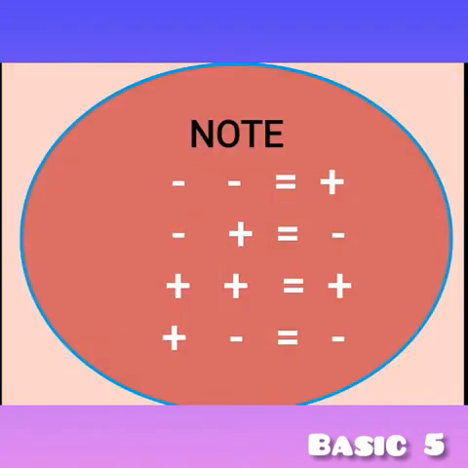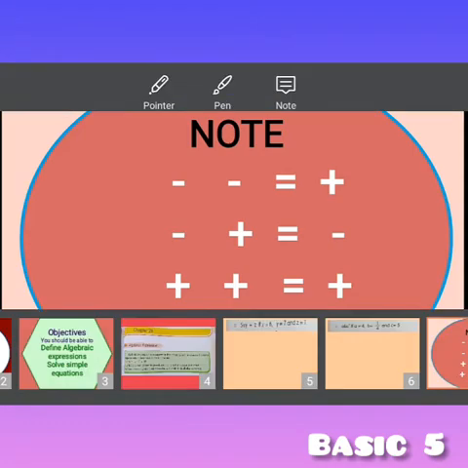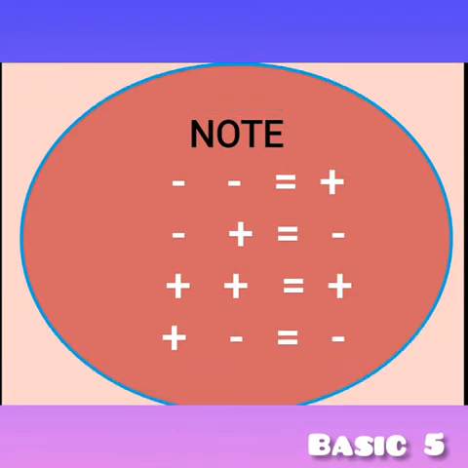Please note, when we go into the deeper section of algebraic expressions, you have these arithmetic operators here. When we have minus times minus, what you're expected to do is plus. When you have minus and plus, you subtract.